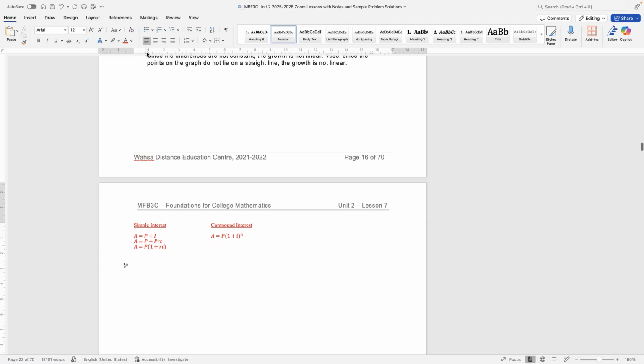What I want to do is compare simple interest to compound interest.